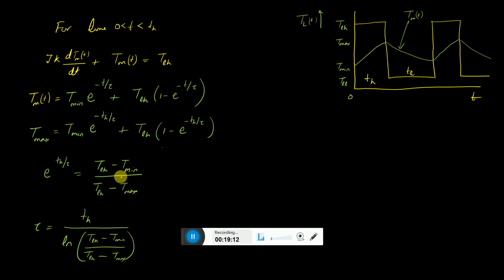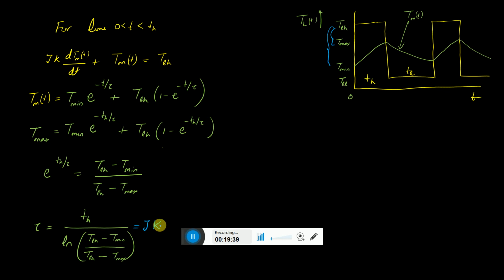What we can see here is that TLH minus T minimum is the higher value, TLH minus T maximum is the lower value. So this is obviously greater than 1, ln of greater than 1 is a positive number, so tau is a positive value. So tau is nothing but J into K.